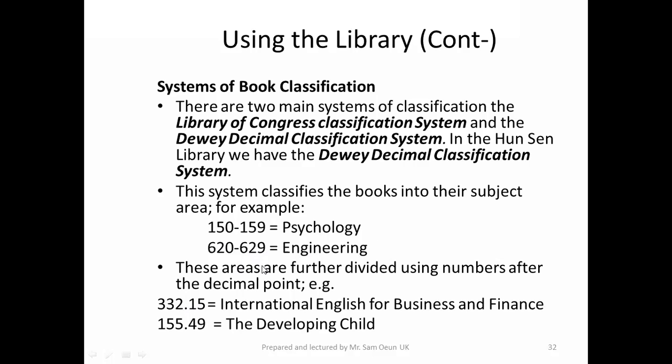These areas are further divided using the number after the decimal point. For example, 332.15. If you use this code, you will find International English for Business and Finance. If it's 155.49, you will find the book which talks about the developing child.